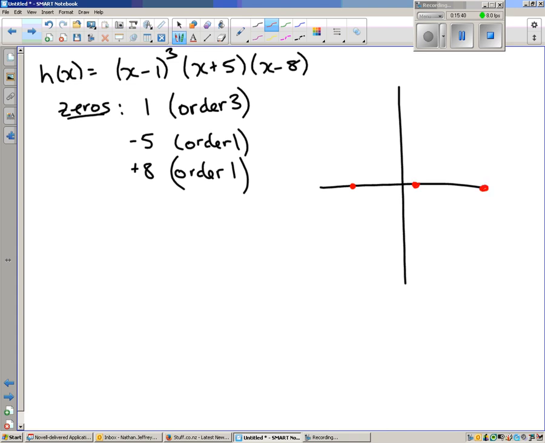What else can you tell me about this function? What's going to be positive? Okay, so all of our terms are positive, so we're going to have a positive leading coefficient. What else can you tell me about the graph?